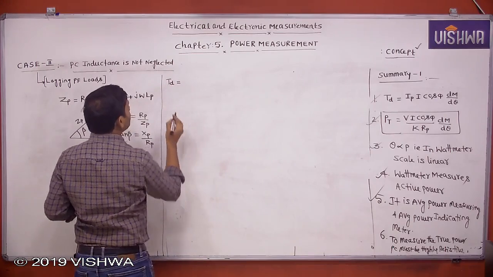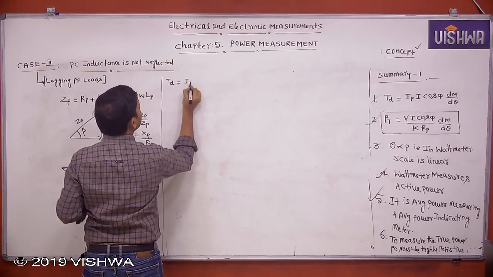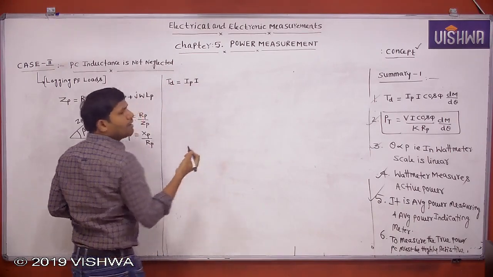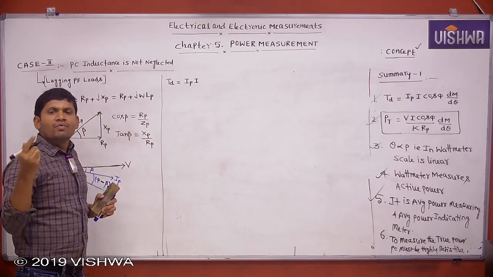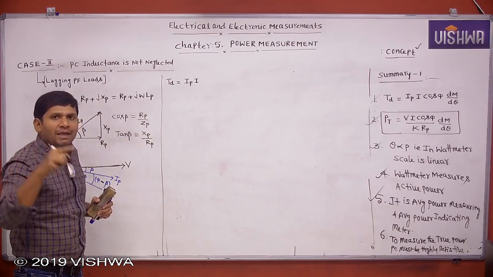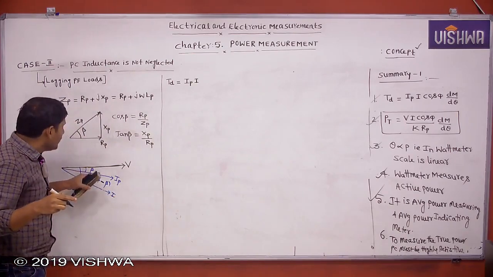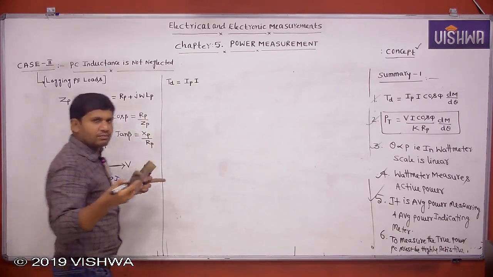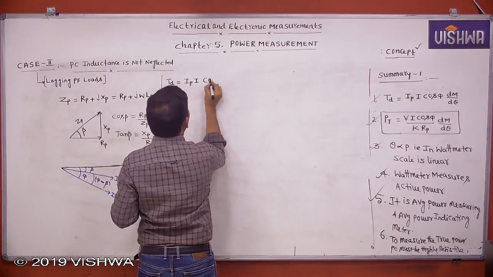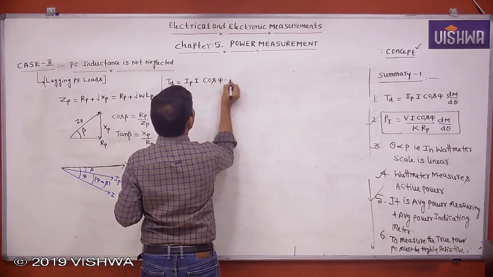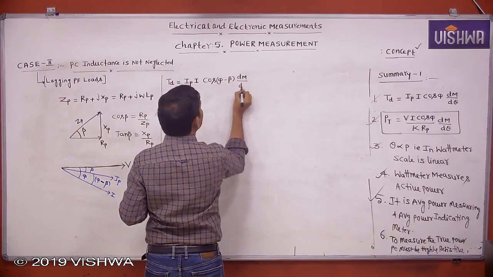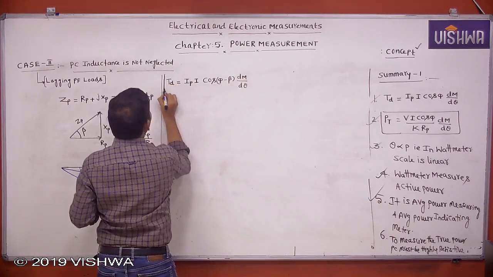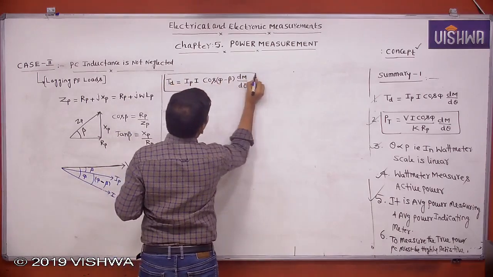Td equals Ip into I into, in case 1, what expression did we get? Cos phi, because the angle between Ip and I is phi. But now, what is the angle between Ip and I? Phi minus beta. Is it right to write? Then cos of phi minus beta into dM by d theta. This is the deflecting torque equation in the practical case.